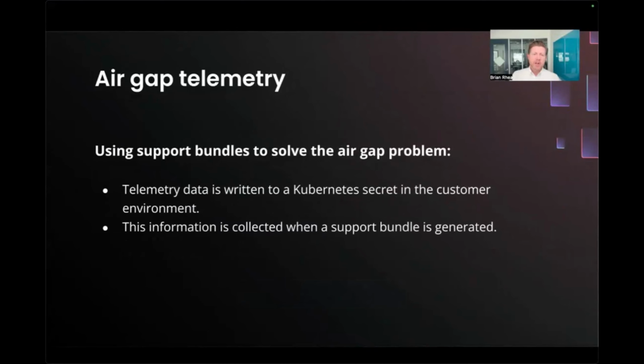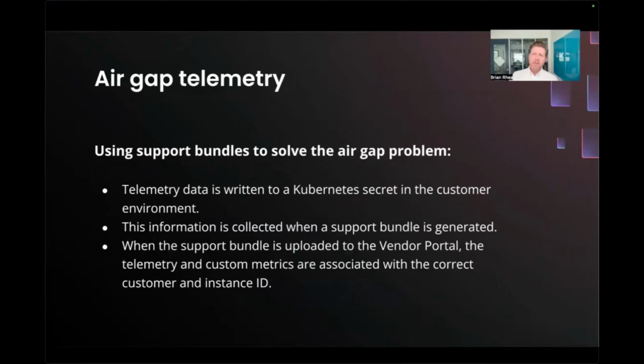When they generate a support bundle, that information is gathered and collected. When shared with you and uploaded to the Replicated vendor portal, all of the telemetry and custom metrics associated with that instance are populated as if it were an online instance, giving you visibility into a previously invisible thing.